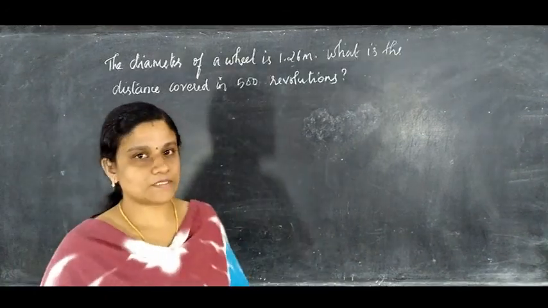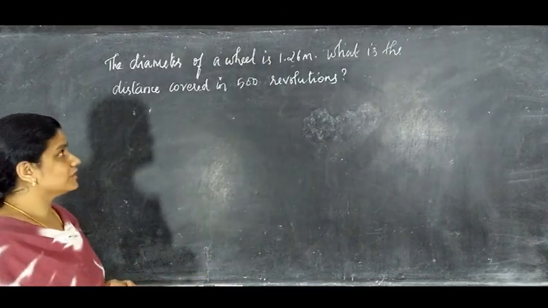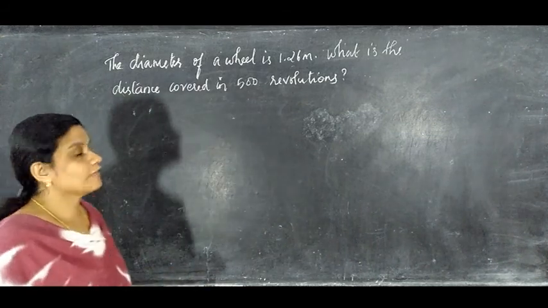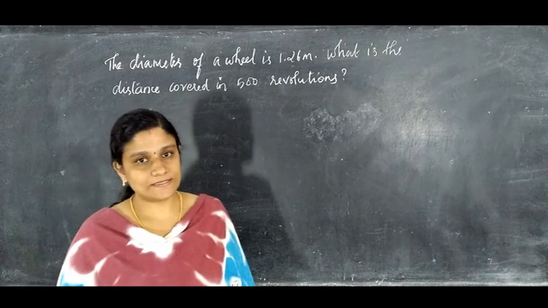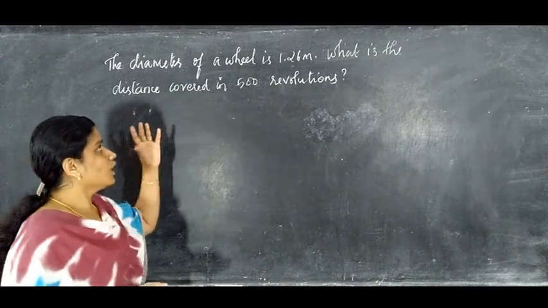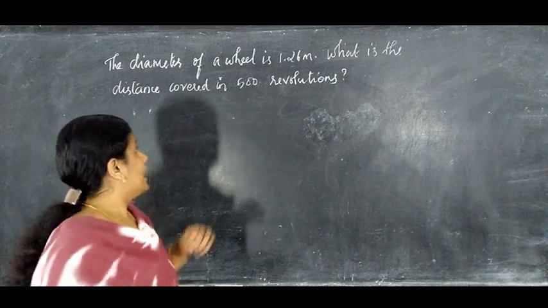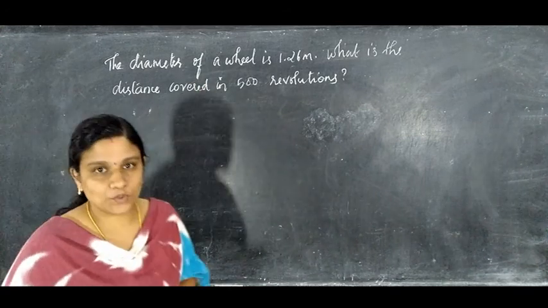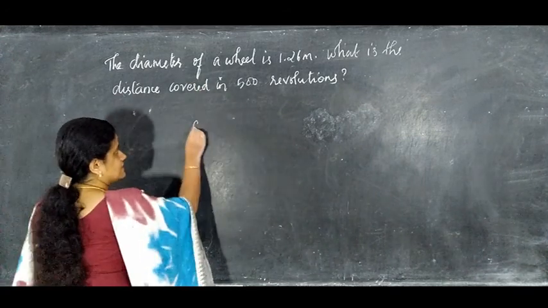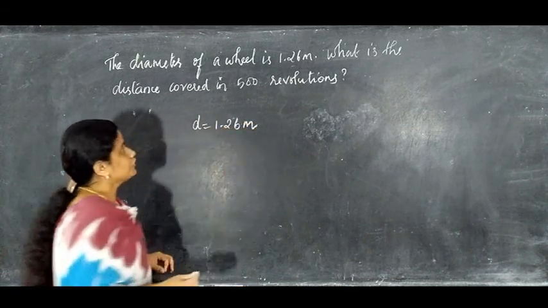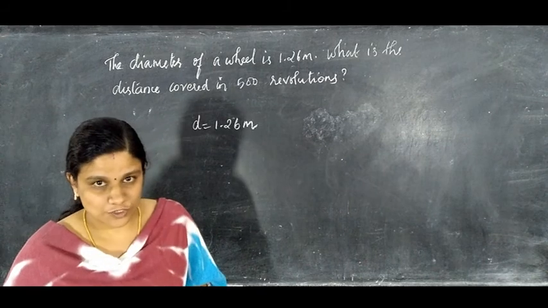Okay. The next question. The diameter of the wheel is 1.26 meter. What is the distance covered in 500 revolutions? So here you all know the wheel is in the form of a circle. And here the diameter of the wheel is given to us, that is diameter is equal to 1.26 meter. We have to find the distance covered in 500 revolutions.